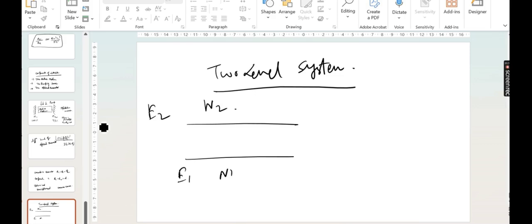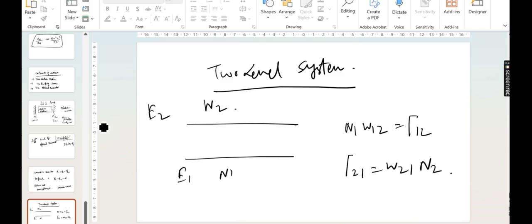The number of atoms per unit volume which absorb the radiation and are excited to the upper level will be N1 W12, and the number of atoms undergoing stimulated emission from E2 to E1 will be N2 W21.